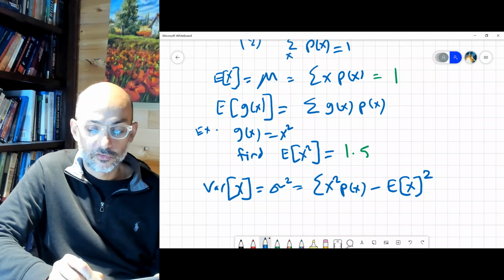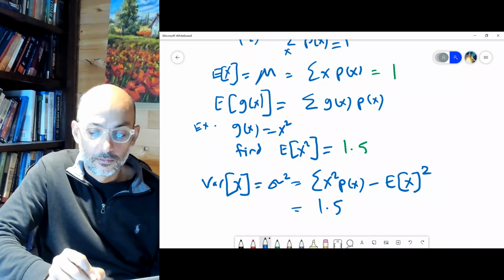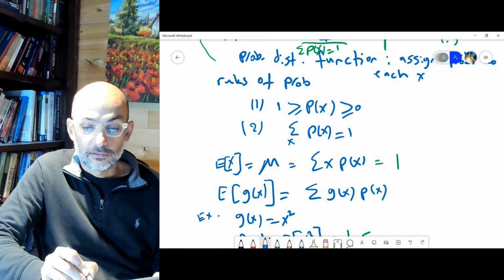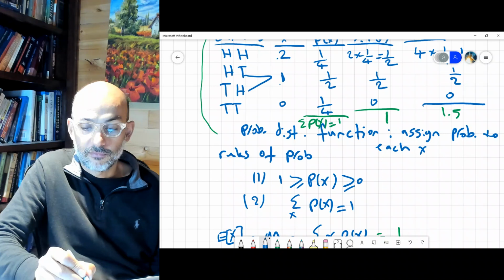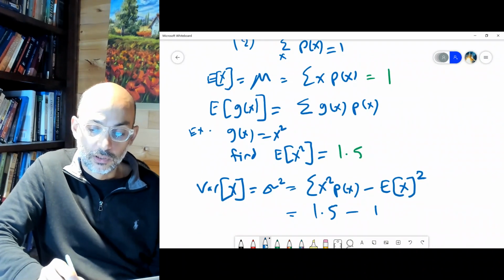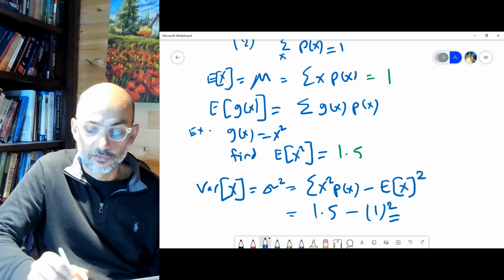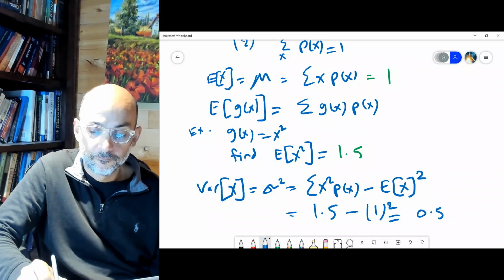Since we already calculated, this one is 1.5, and we know that our expected value is 1, minus 1 squared, this will give us 1.5 minus 1, which is 0.5, right?